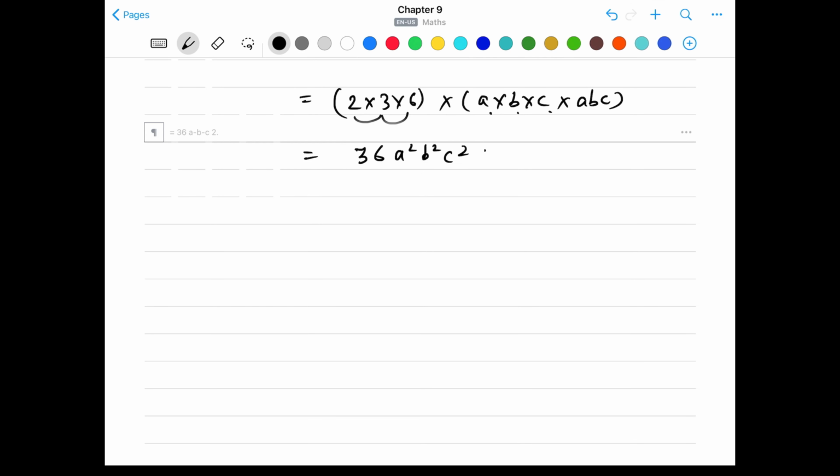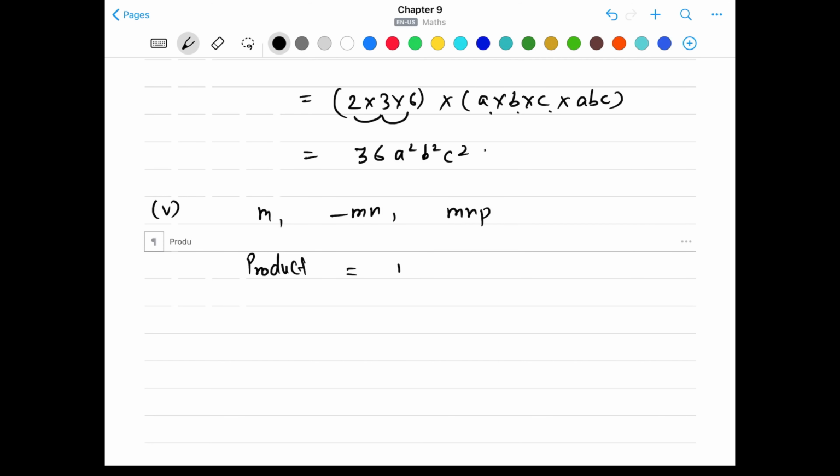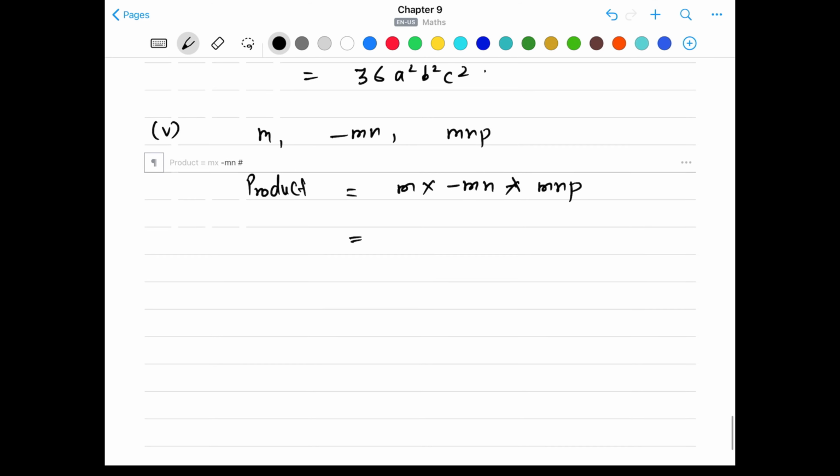Now let's see part 5, which is the last one from this exercise. We have m, minus mn and mnp. Here the product will be m into minus mn into mnp. When you multiply them, we have 1m, 1m and 1m here, so it will be m cube.